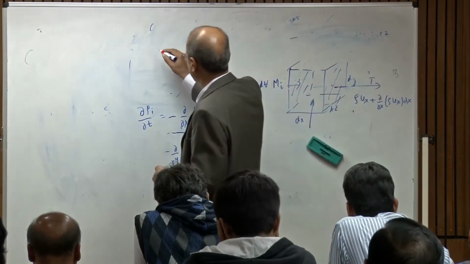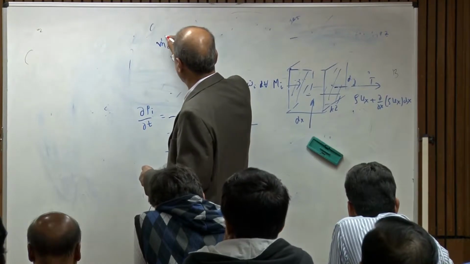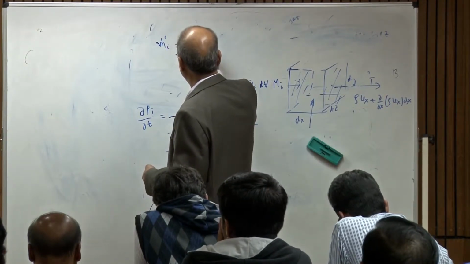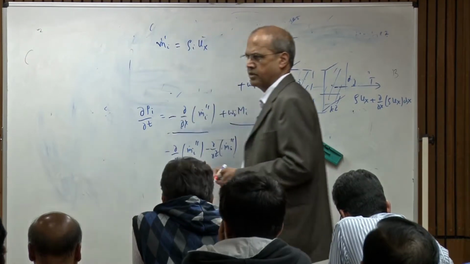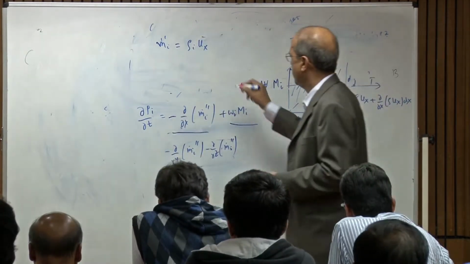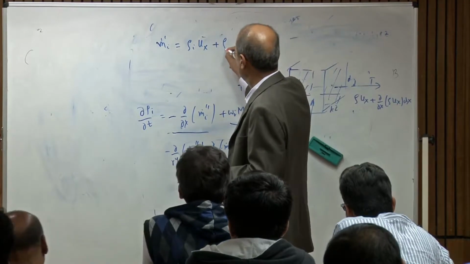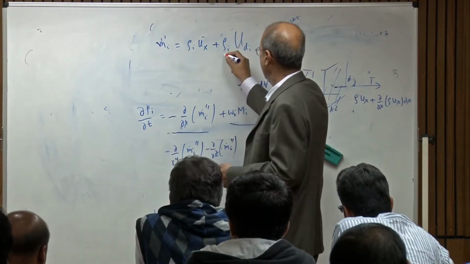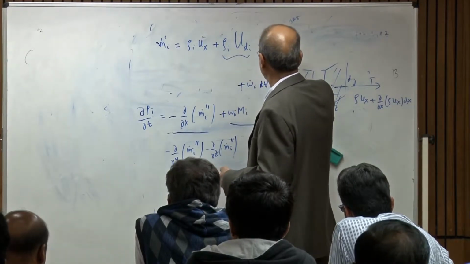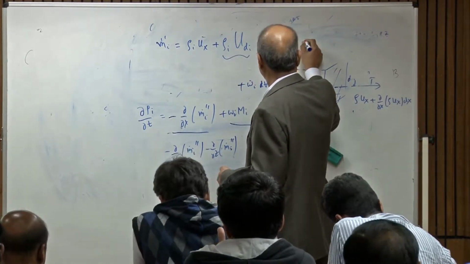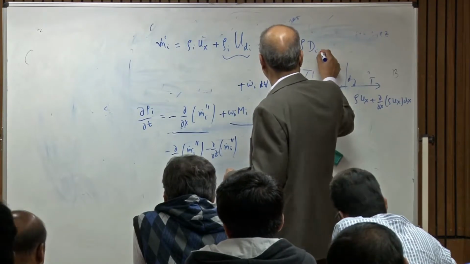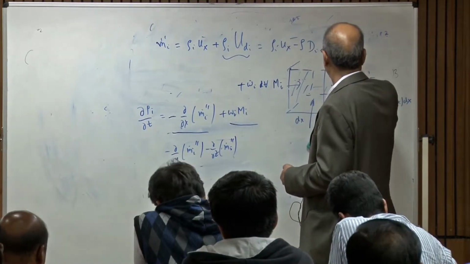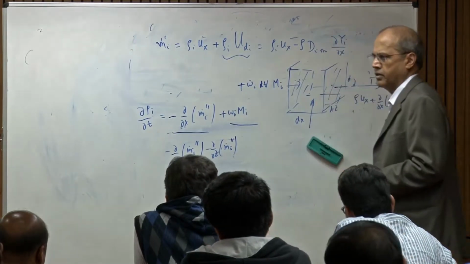As we discussed, it has two terms: rho_i in the x direction, u_x, plus rho_i u_di, the diffusive mass flux. So you write this like this.